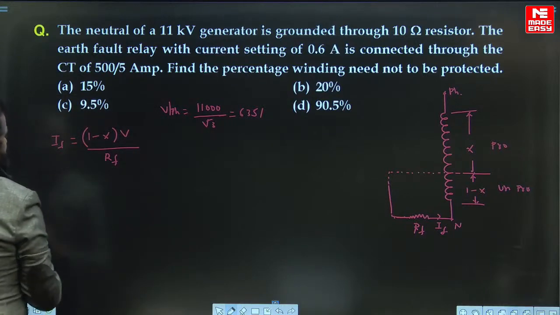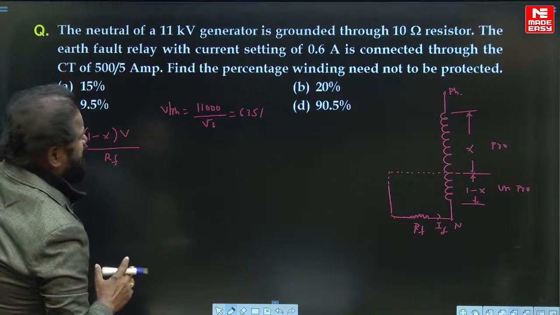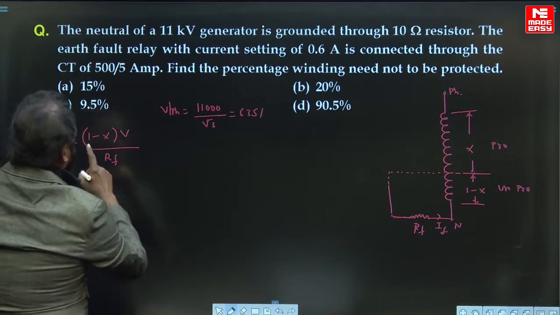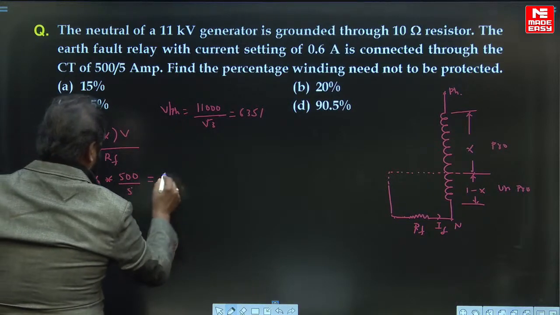Then IF is how much has been given: 0.6 into 500 by 5, that equals 60.